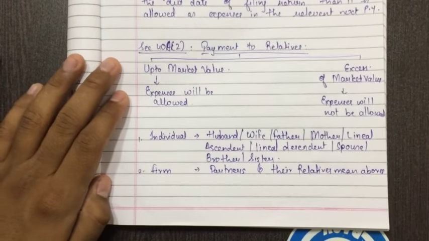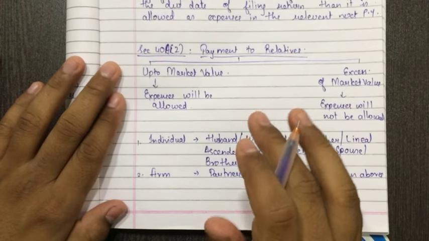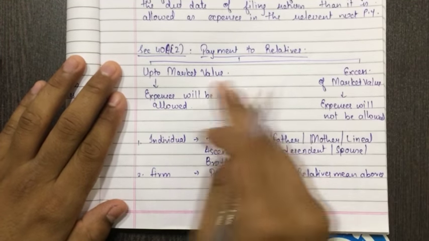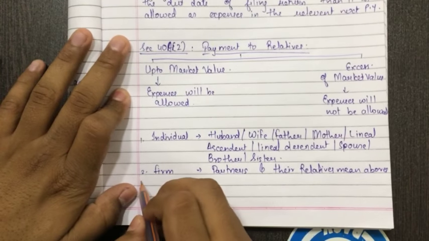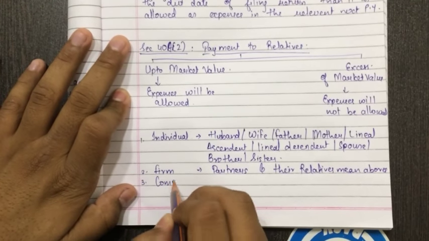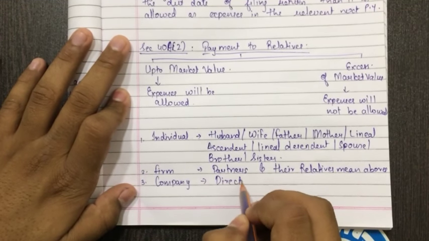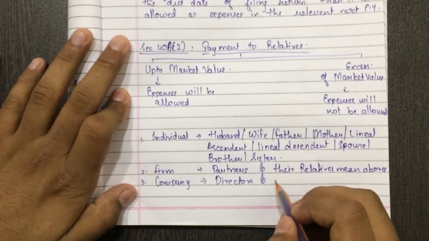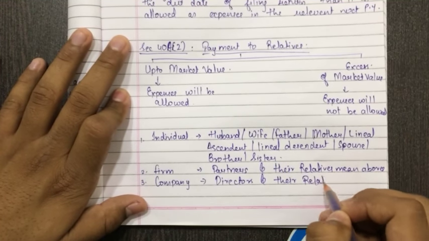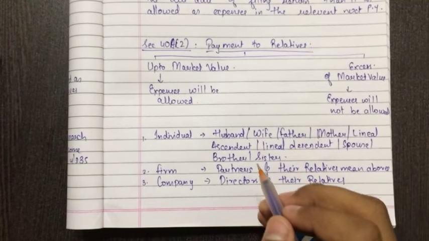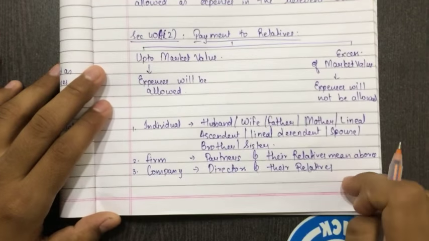So for a firm, partners and their relatives means above, and it will not be allowed if the payment to the relative is in excess of the market value. If the business is a company, then directors and their relatives. This is quite self-explanatory. Relatives means as mentioned here. That's it. The relatives are this much only.